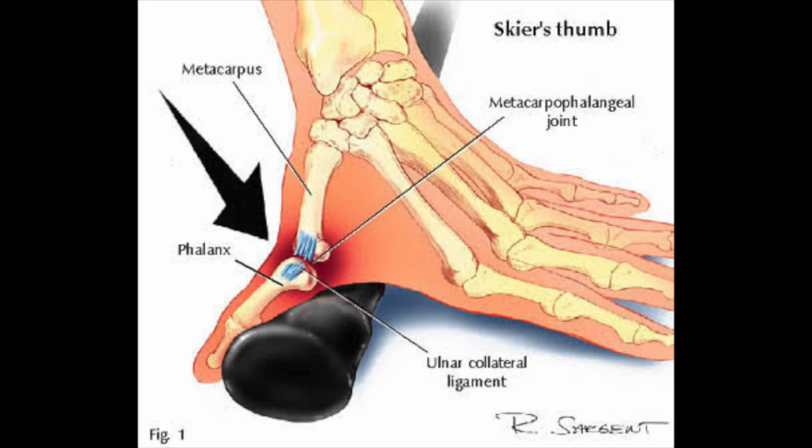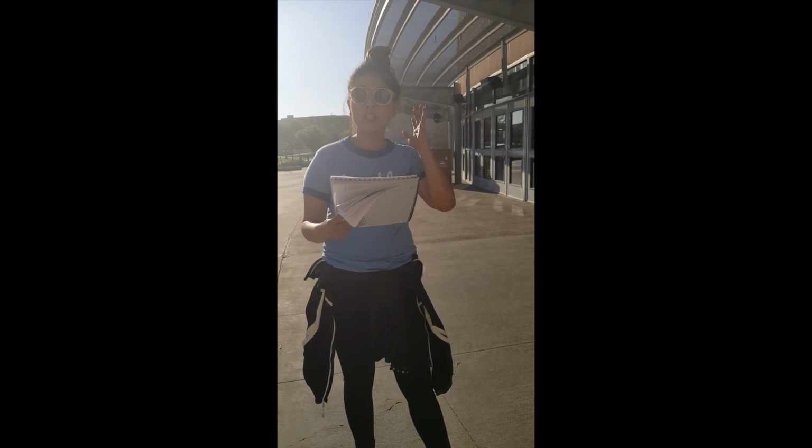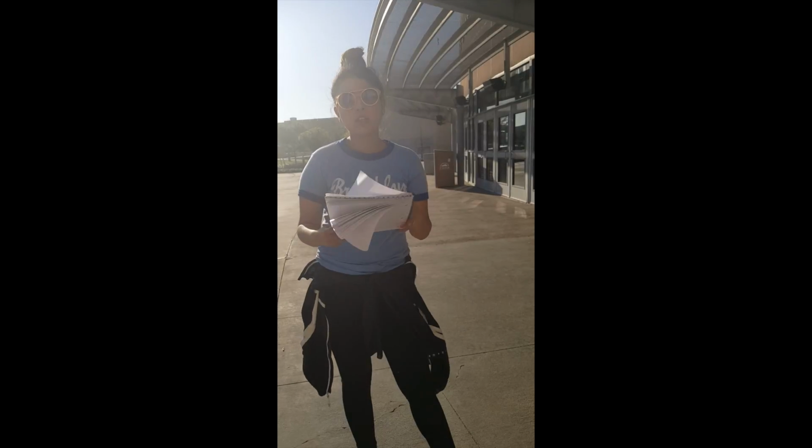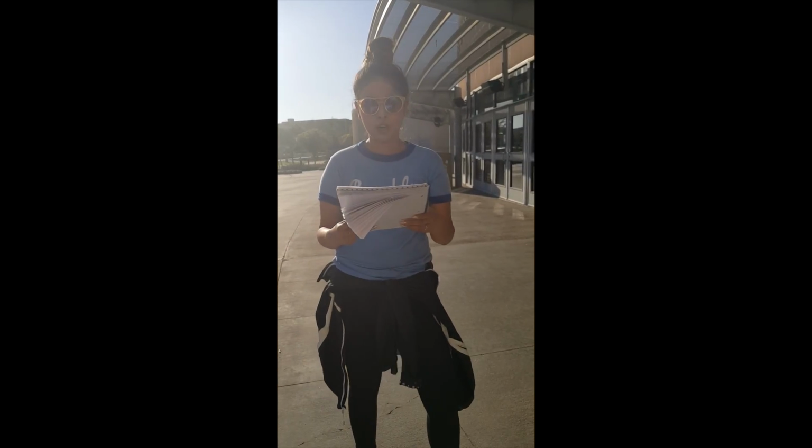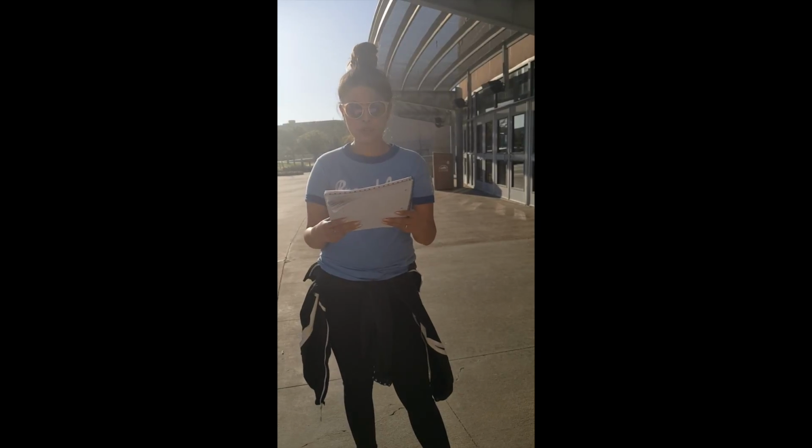Today, it is known more as skier's thumb, which is caused when a skier lands on their pole or falls and puts too much force on their thumb, causing the actual tear. Although skier's thumb is not exclusive to just this sport, it is also common in other sports such as baseball, basketball, volleyball, or even in a typical day if you were to fall.